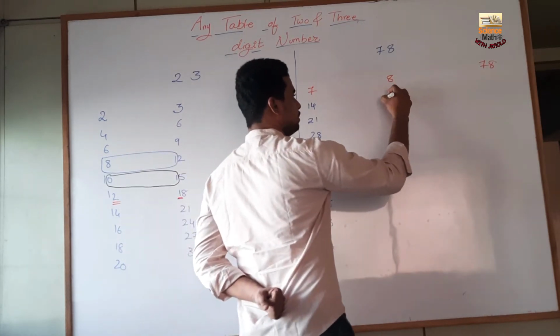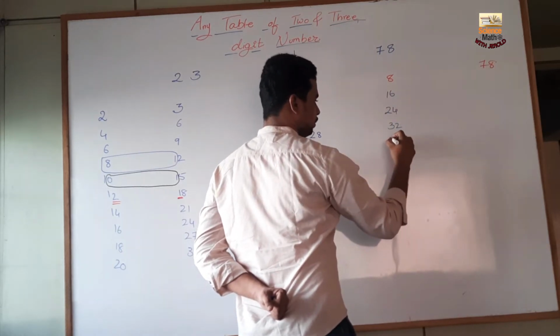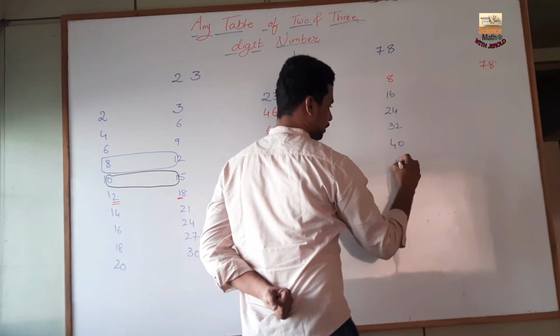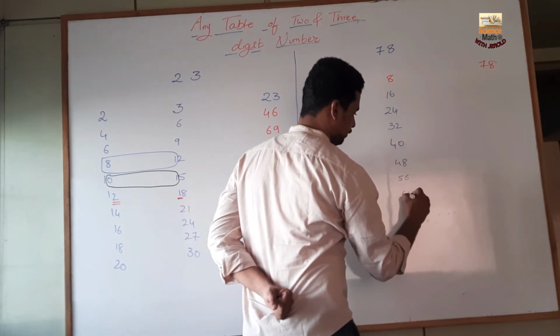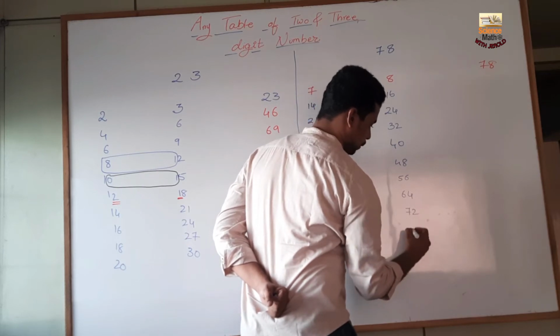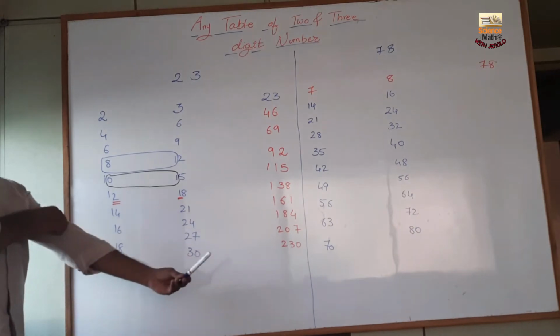Here I have 16, 24, 32, 40, 48, 56, 64, 72 and 80. That are my two tables 7 and 8.